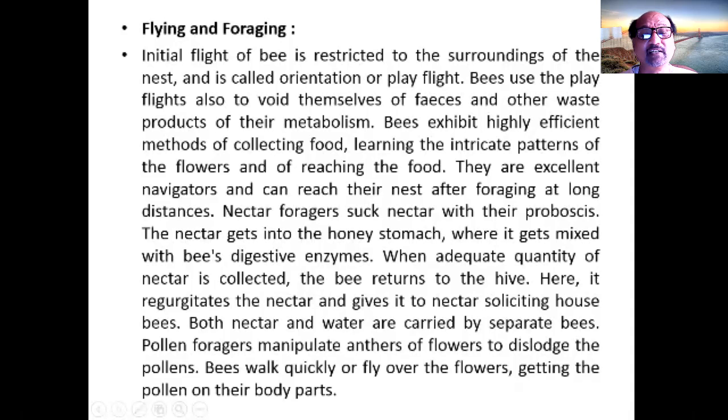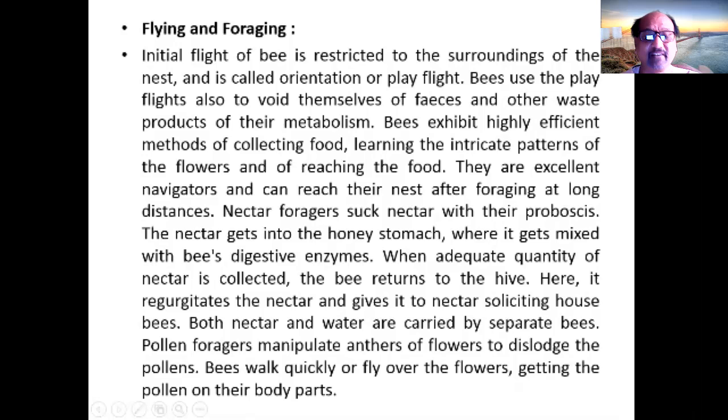They are excellent navigators and can reach their nest after foraging at long distances. Nectar foragers suck nectar with their proboscis. The nectar gets into the honey stomach, where it gets mixed with the bee's digestive enzymes. When an adequate quantity of nectar is collected, the bee returns to the hive.